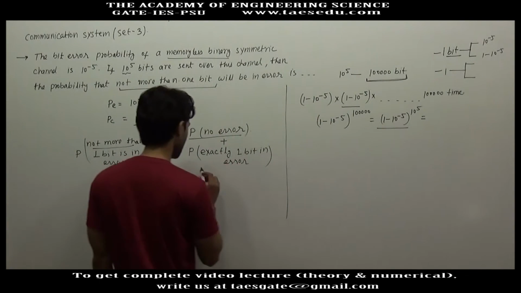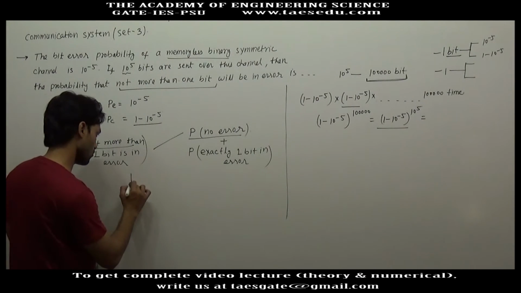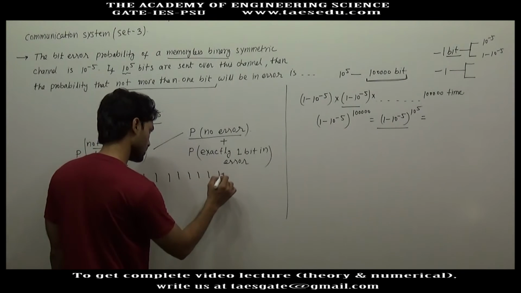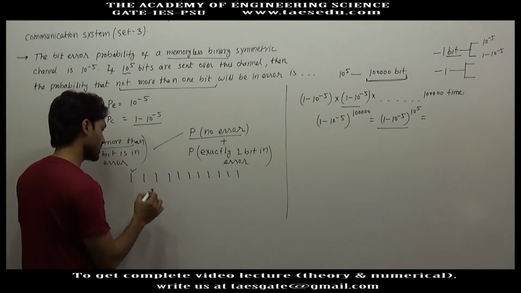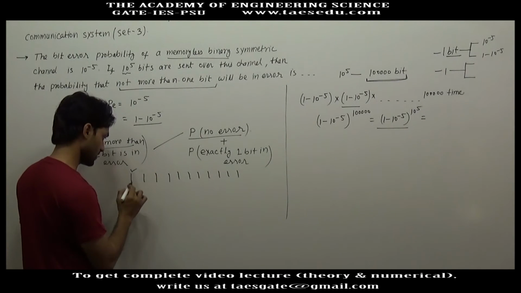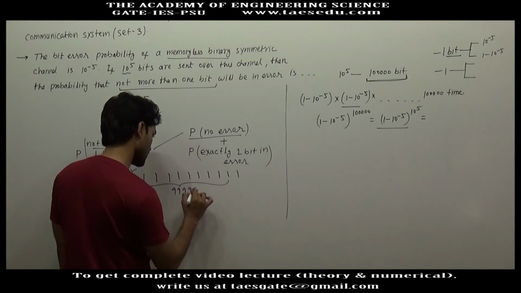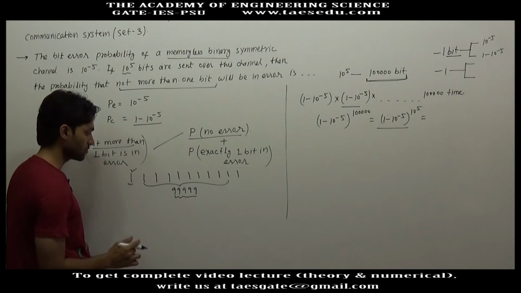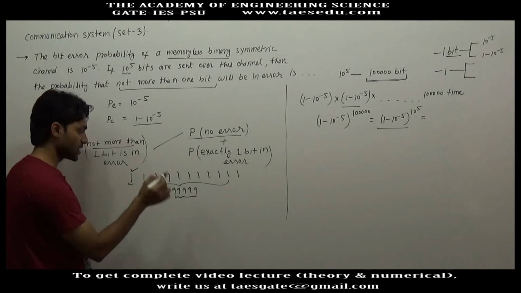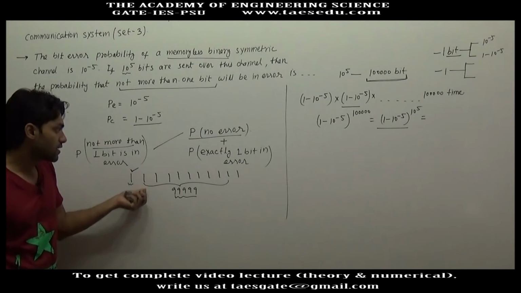Now next, let us find out the probability that exactly 1 bit will be in error. There are 1 lakh bits, and we are dealing with the case when exactly 1 bit will be in error. The first bit may be in error, and if the first bit is in error, the remaining 99,999 bits will be detected correctly. The second bit may also be in error.